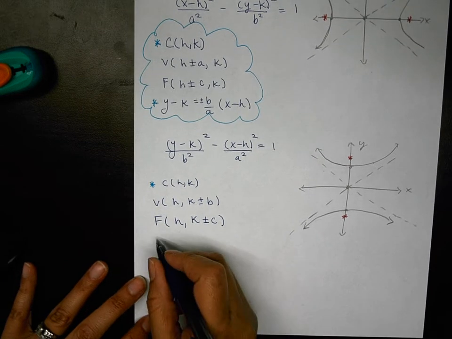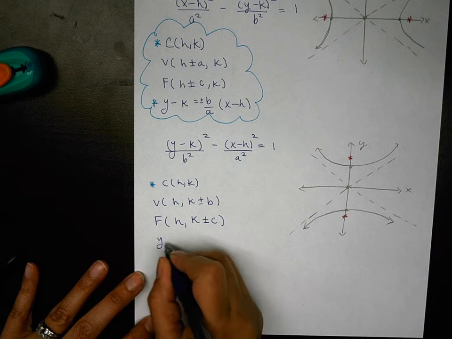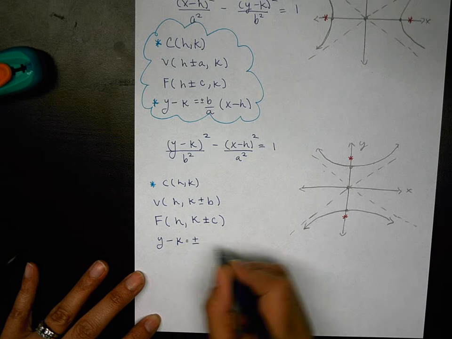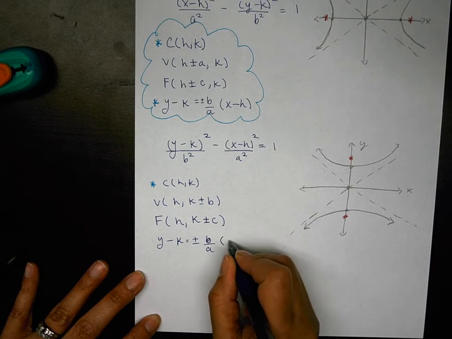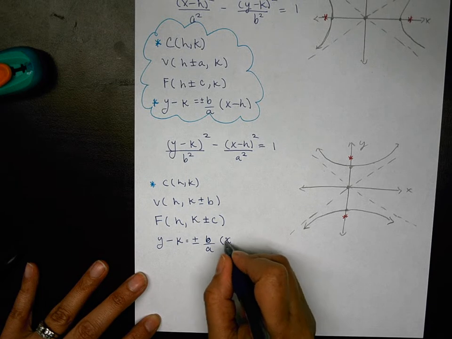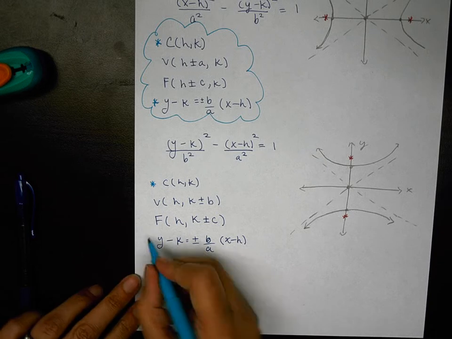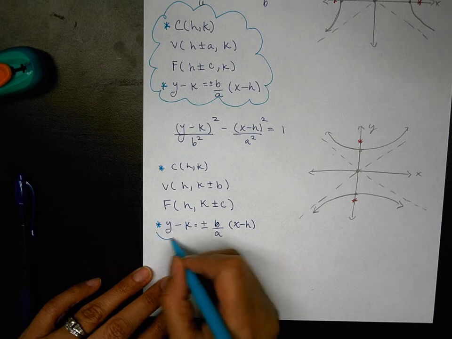And then our formula for the asymptotes is y minus k equals plus or minus b over a parentheses x minus h. And this is one as well that we're going to all use. So I'm going to star that one and bubble these in.